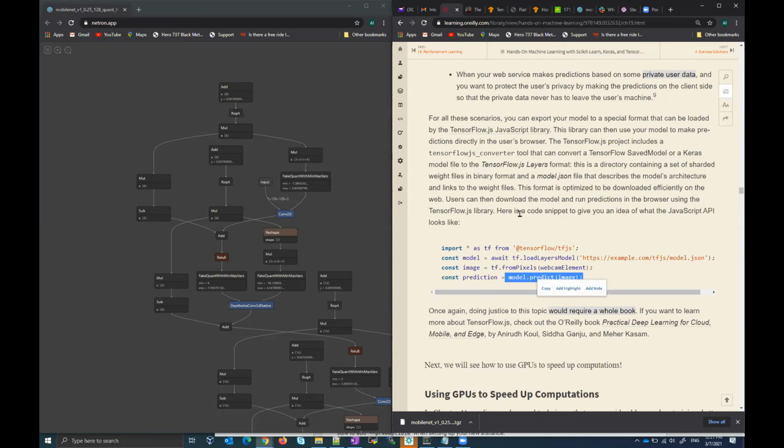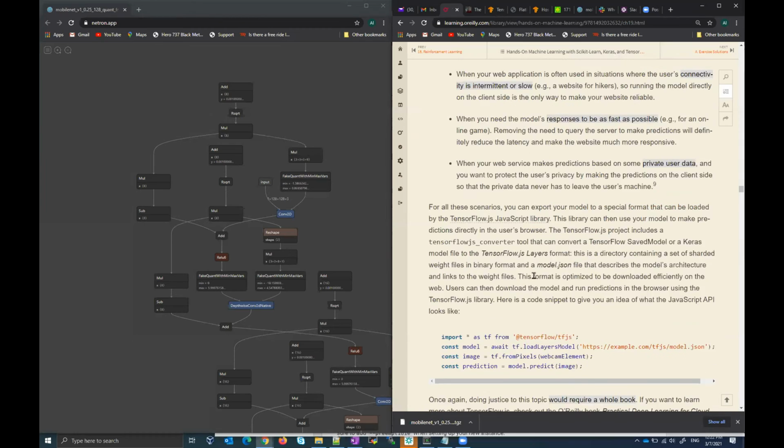And it doesn't go much further than that. He's recommending another book for this whole subject, right? Yeah, and that's it about the mobile and web prediction.